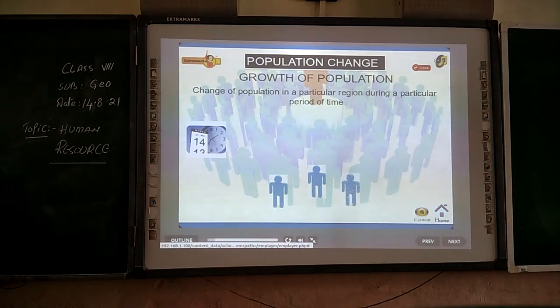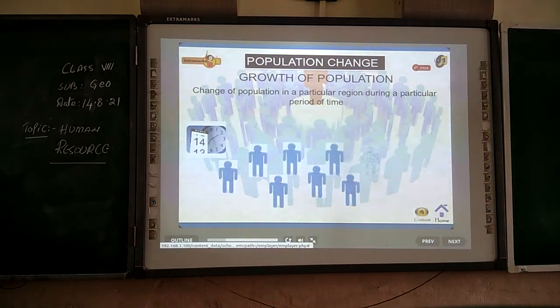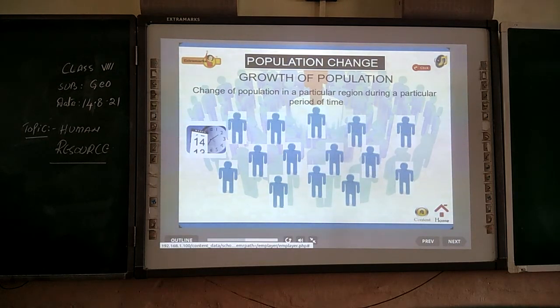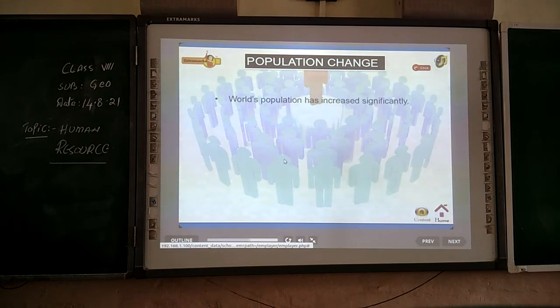Let us know about the change in population. Change in population in a particular region during a particular period of time. World's population has increased significantly.